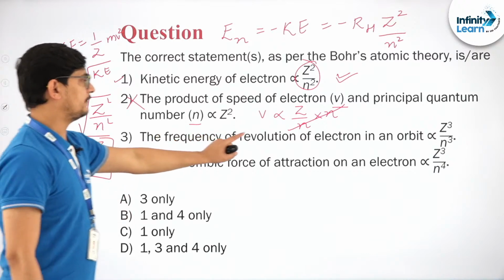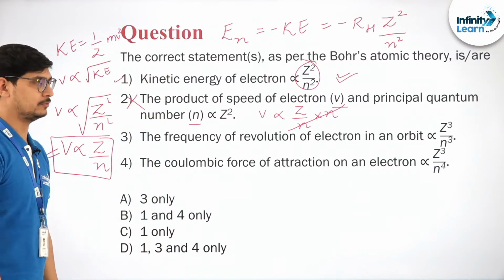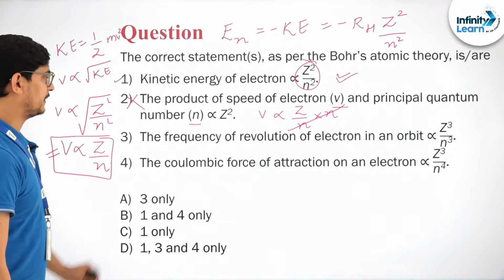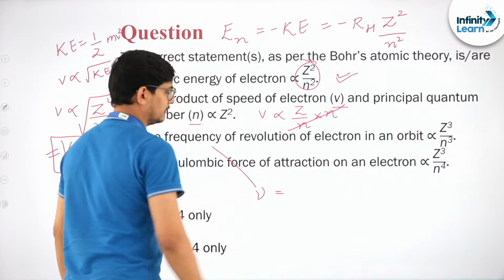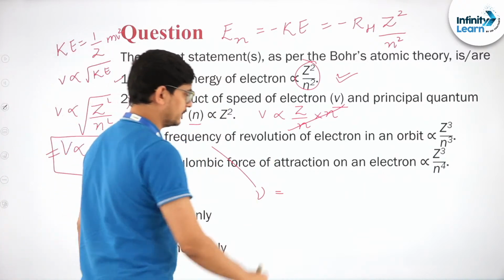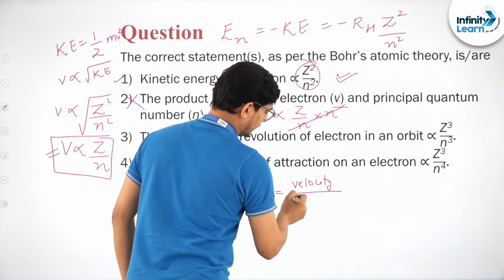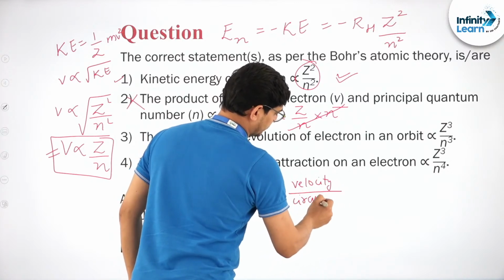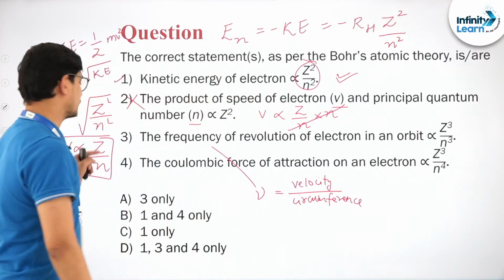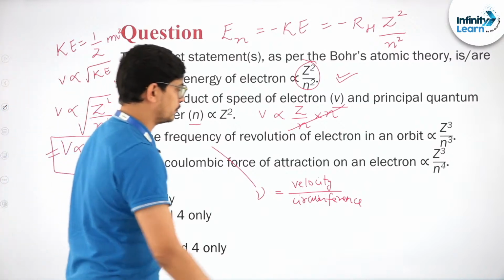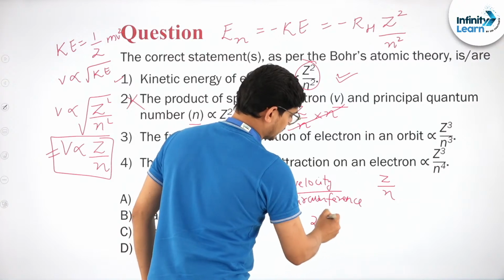Then let us come to the third statement. The frequency of revolution of electron in an orbit is proportional to z cube divided by n cube. Let us check. The frequency of revolution is the velocity of electron divided by circumference. Velocity is proportional to z by n, we just saw it, and circumference is 2 pi r.